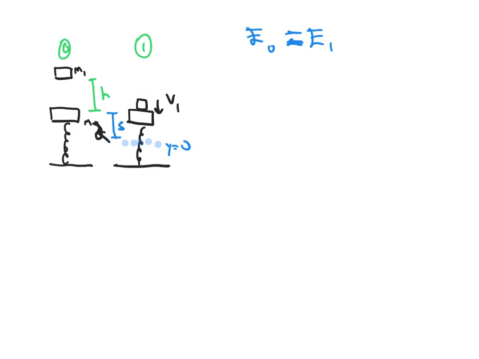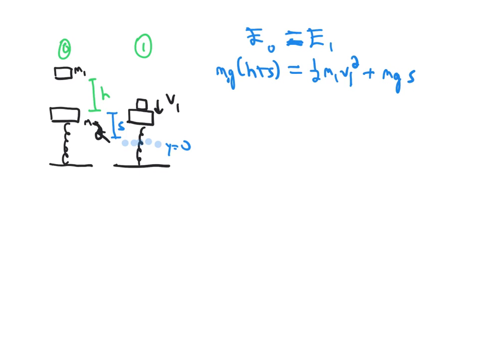Remember that we're going to set our zero point at the new equilibrium position of the spring, so the original position is all potential energy, and it's m1 g times (h plus s). And then at moment 1, it has a half m1 v1 squared, that's its kinetic energy, but it still has some gravitational energy, which would be m1 g s.